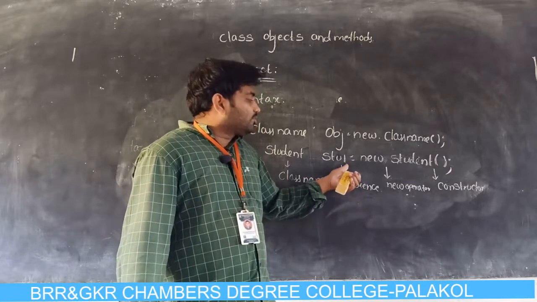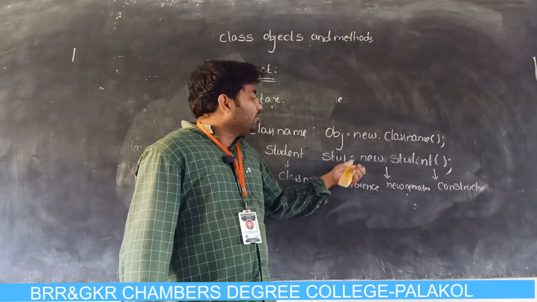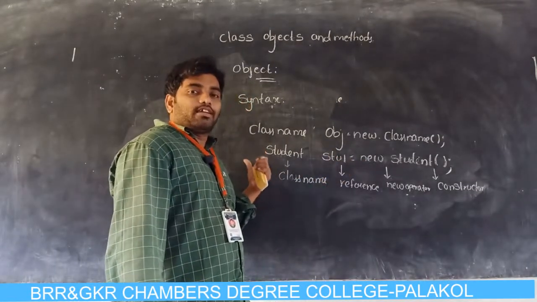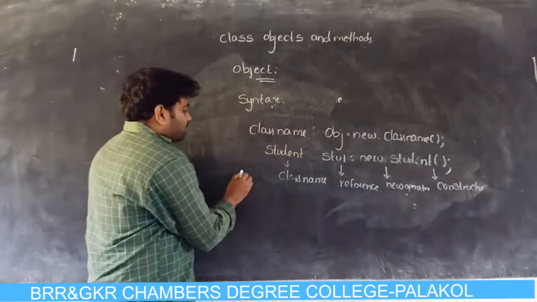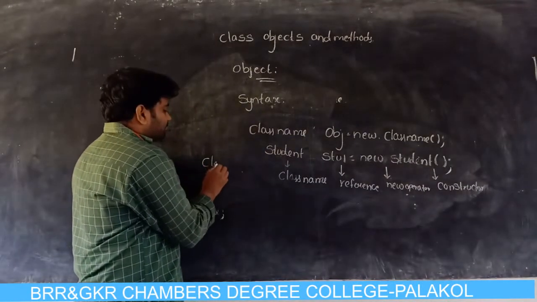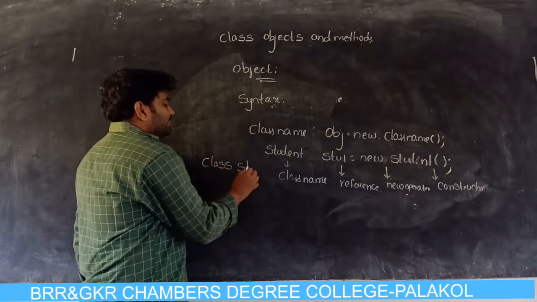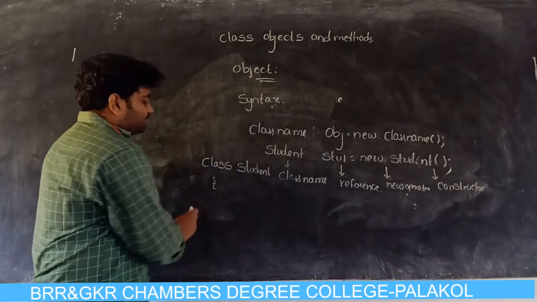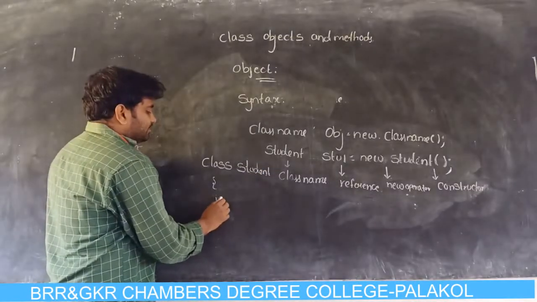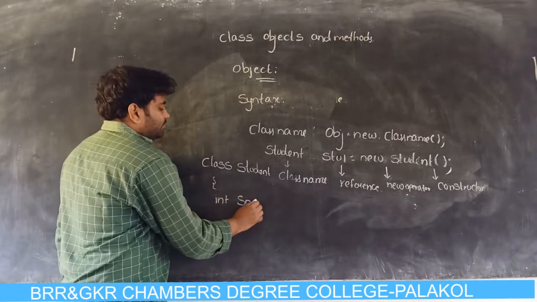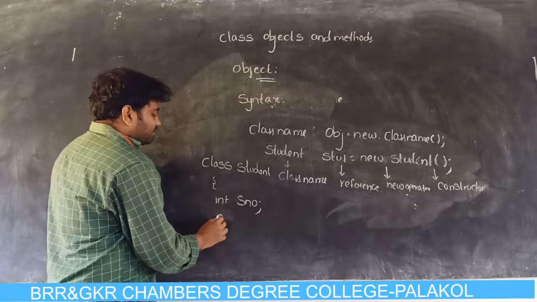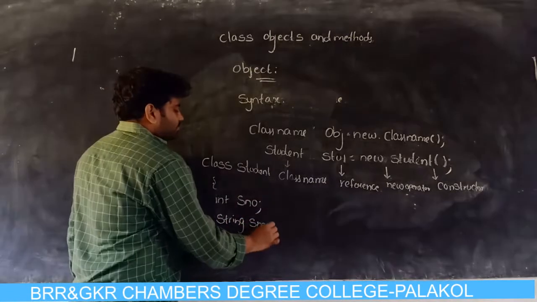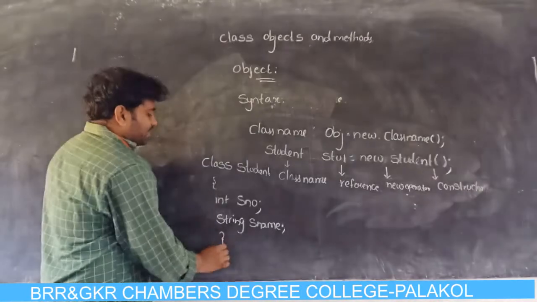How to create an object, that is the representation. Before using an object, you write the class. Class Student, curly bracket open, int sNumber, String sName, curly bracket close.